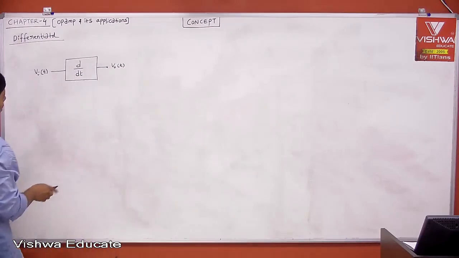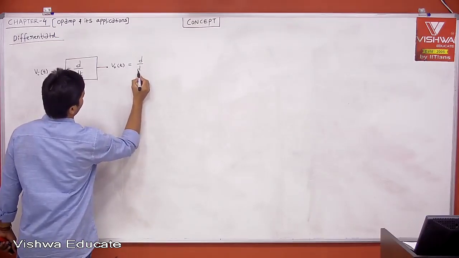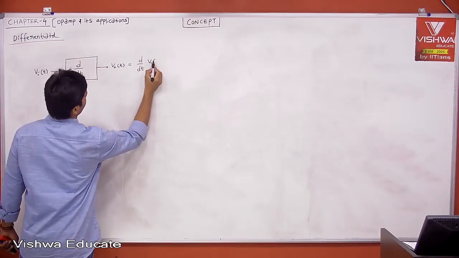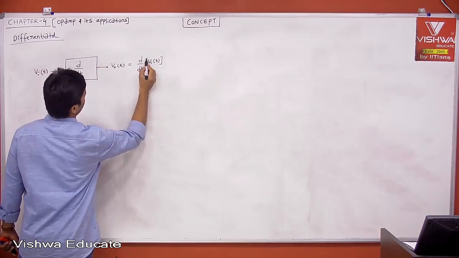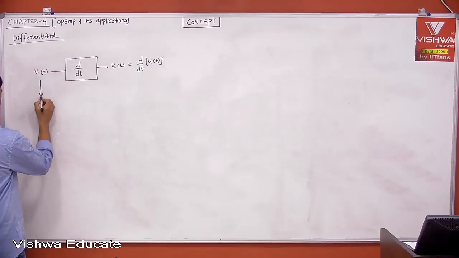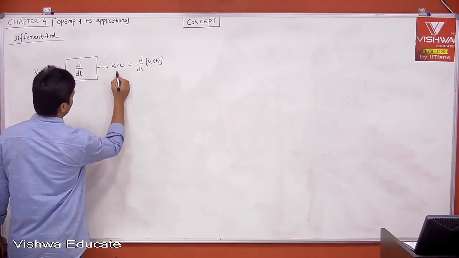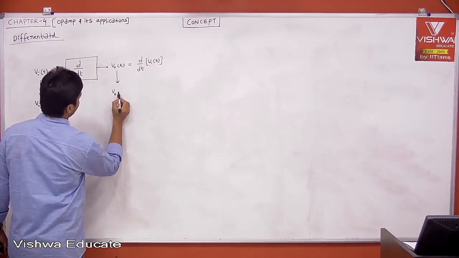Okay, let's see. Now V naught of t is equal to d by dt of Va of t, right? Then apply the Laplace transform. Va of t becomes Va of s. Then what is V naught of s equal to?